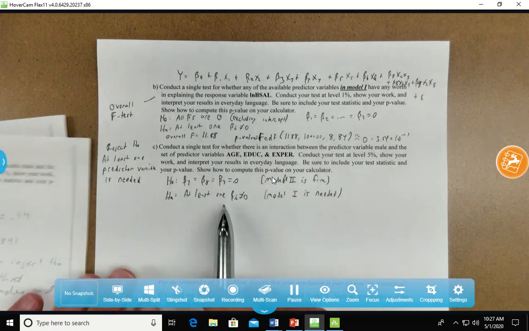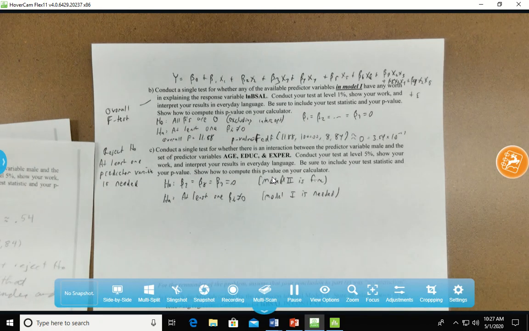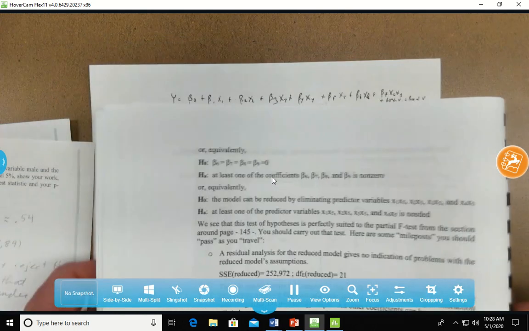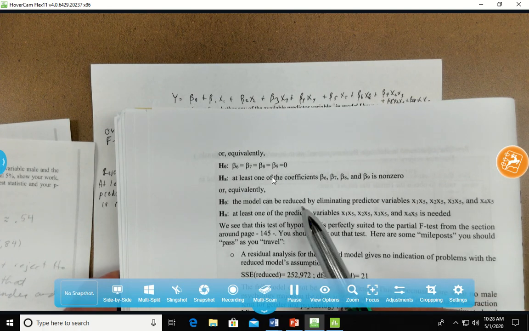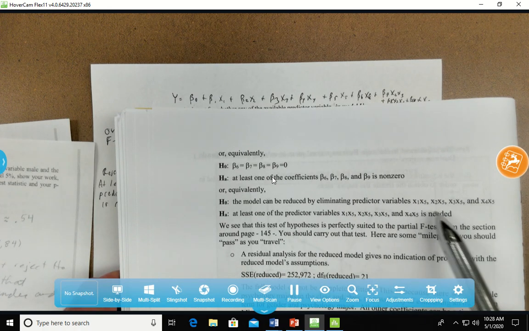You could say that at least one of these beta i's adds utility to the model, or at least one of the interaction terms is needed. And you could use a lot of the language that's found on page 162. Either they're all 0, or at least one of the coefficients is non-zero. We can reduce the model by eliminating the interaction term variables.